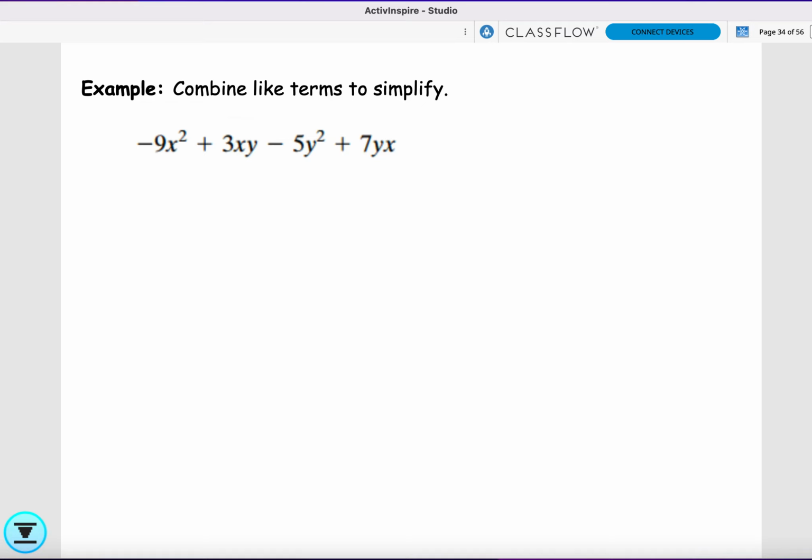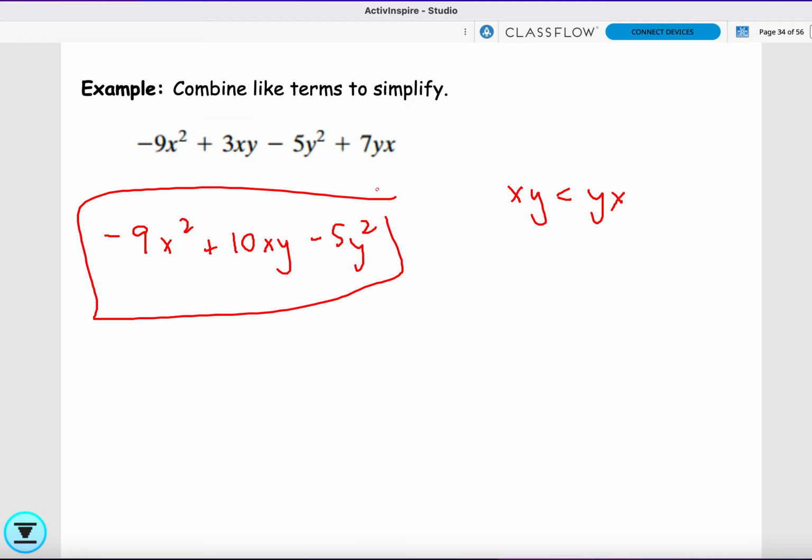So in this example, combine like terms to simplify. So notice how we have x squared and y squared, so we cannot combine those. But xy and yx is the same thing. So we can combine those two. So we get negative 9x squared plus 10xy minus 5y squared.